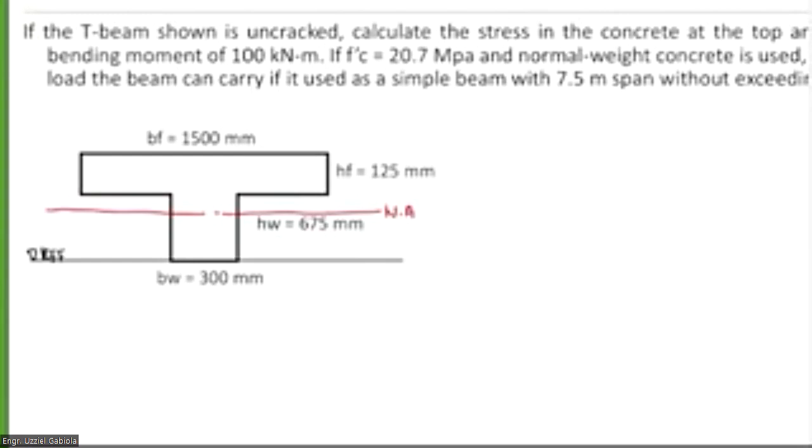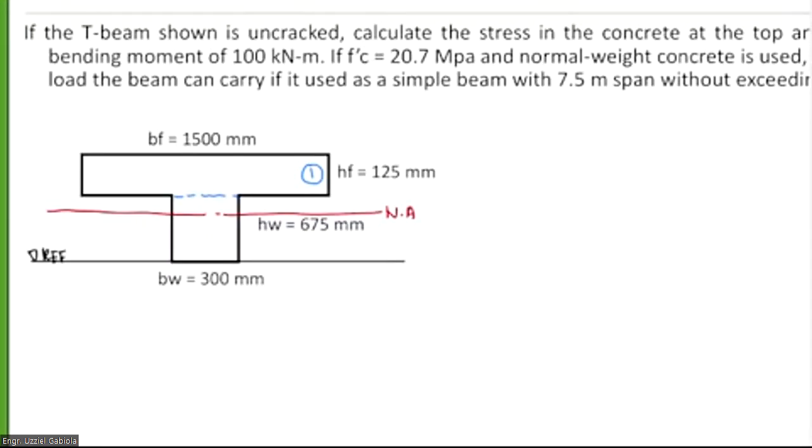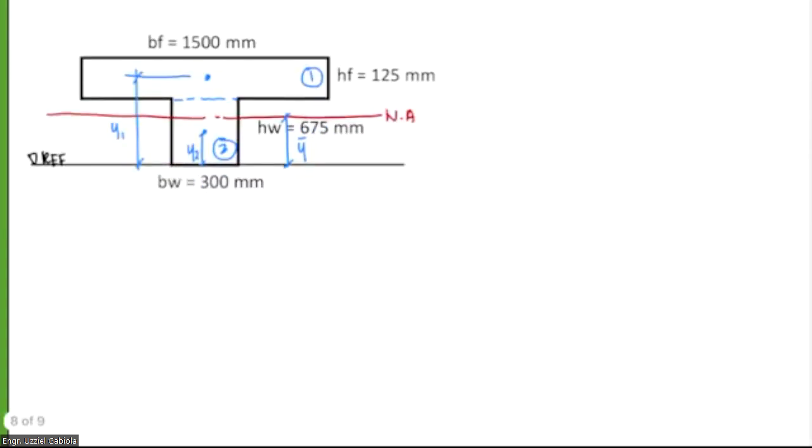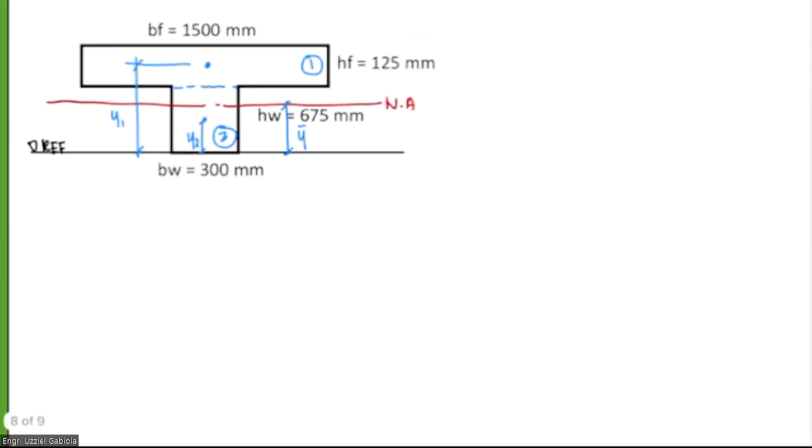Then we divide the section into two rectangles. Let us call them shape 1 and shape 2. The centroids of these shapes have distances, let's call them y1 and y2. The distance of the neutral axis from the reference axis, let us call this y bar.